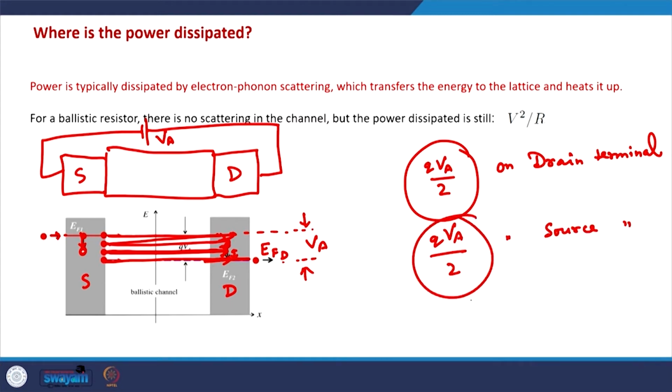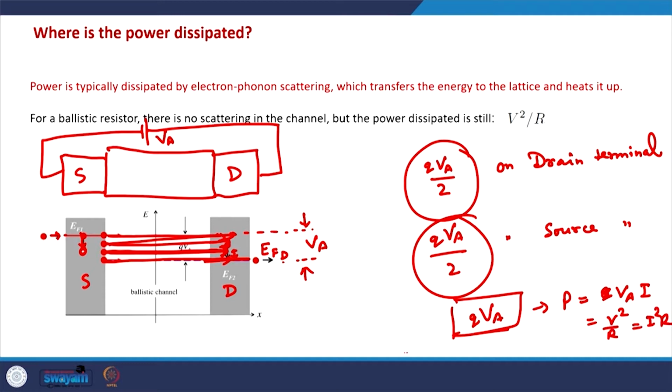In total, the total energy dissipated is Q times V, and so the power dissipation is V times I, which is V squared by R or I squared R. So, even in the ballistic case, because of the scattering mechanisms in the contacts, the power dissipates exactly the same amount as it dissipates in the diffusive case.